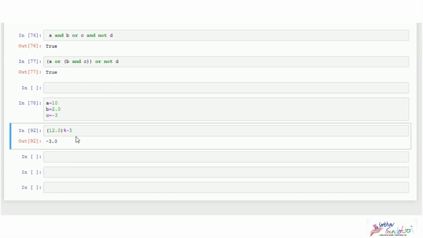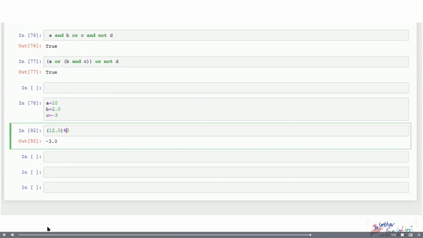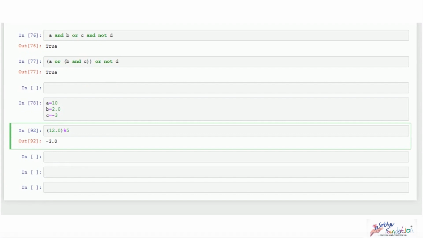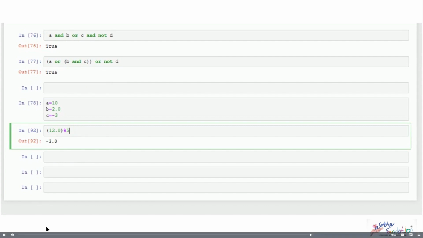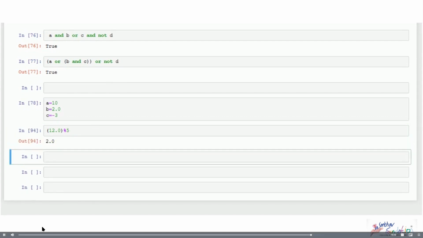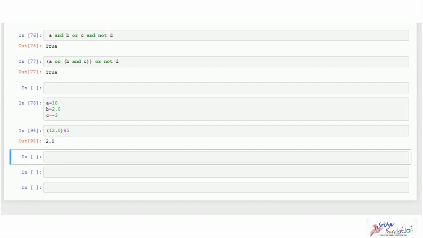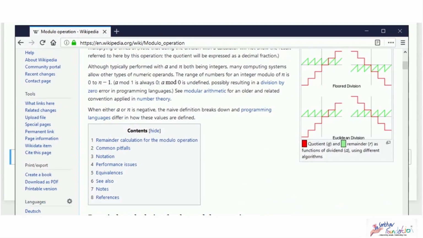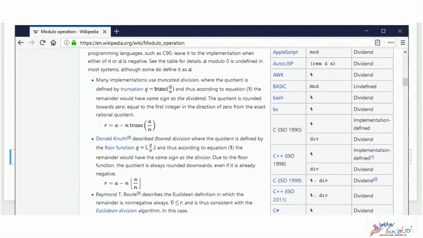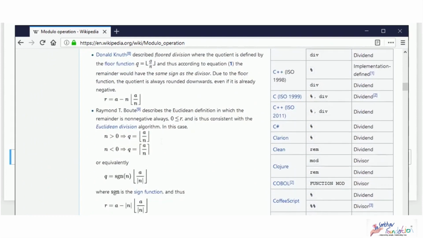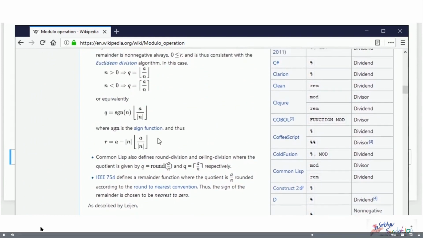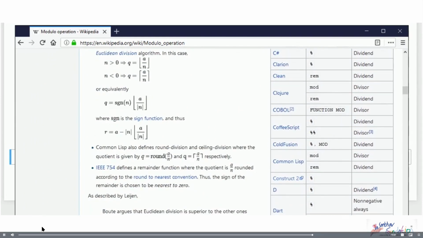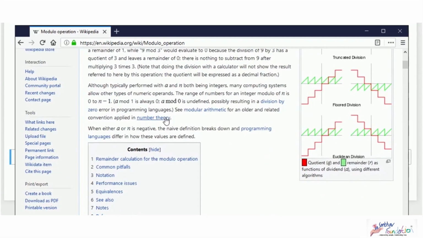Okay, it appears there is a difference in the definition when it comes to negative numbers. Had it been positive 5, then just like always, when you divide 12 by 5, the remainder you obtain is 2. So you should get 2, right? When it comes to negative numbers, if you go to Wikipedia on modulo operation, they have a set of formulas or definitions regarding the modulo operator when the numbers are positive or negative.